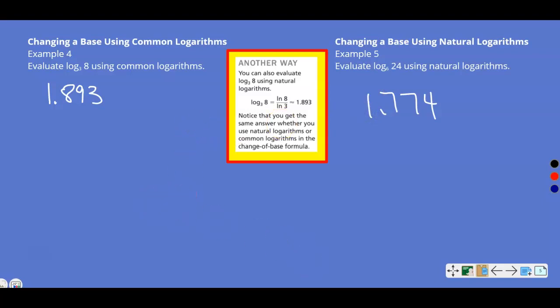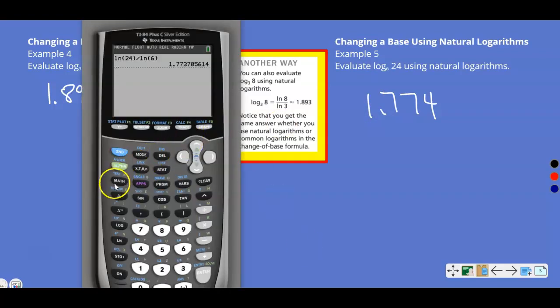And very quickly, again, if you want to use the log base button, you can type in log base 6 of 24.